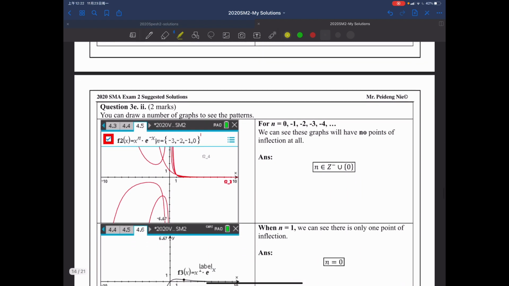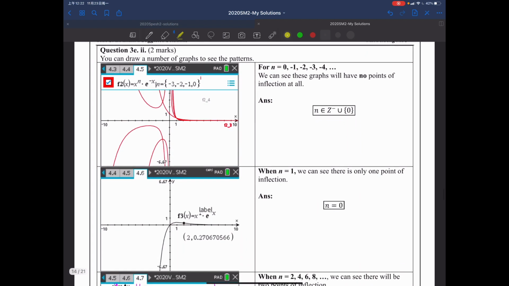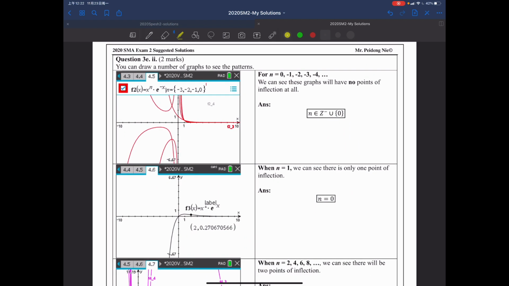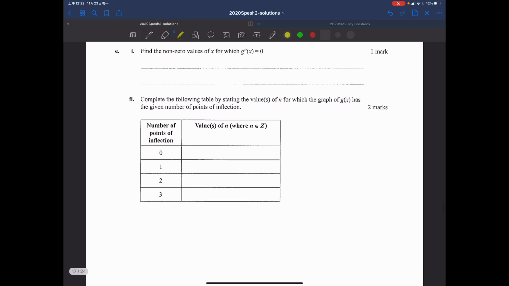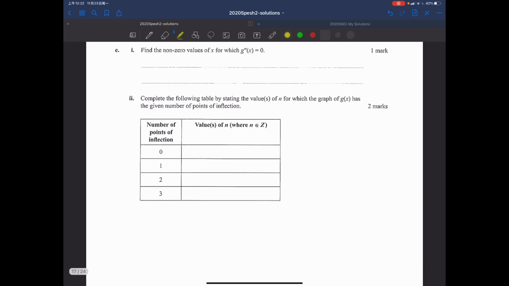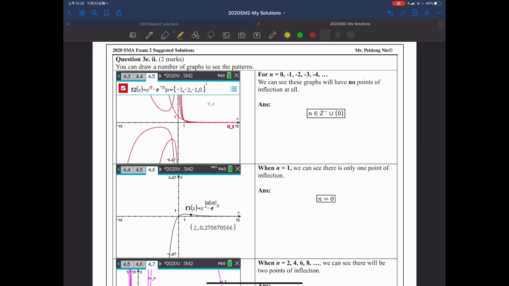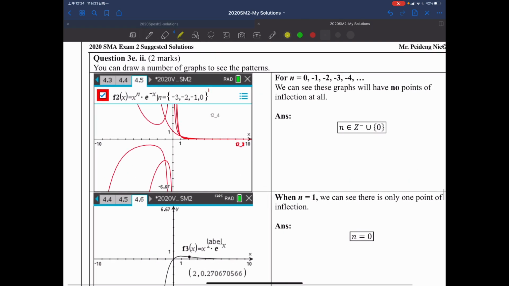The very last part of question 3 is you need to generalize from previous findings. So here is your table. You want to see how many points of inflection for specific values of n. Here is my approach. I firstly think of any negative integers until 0.